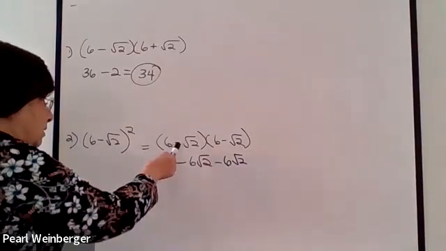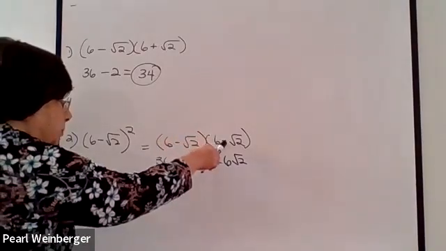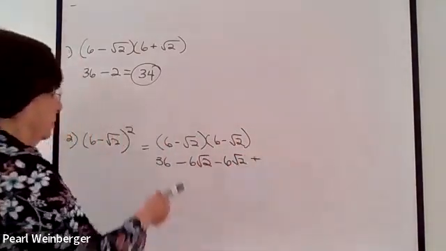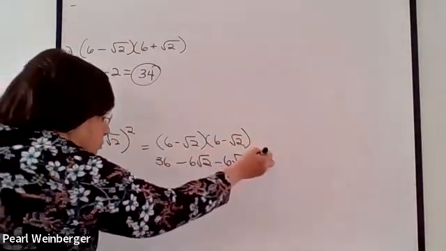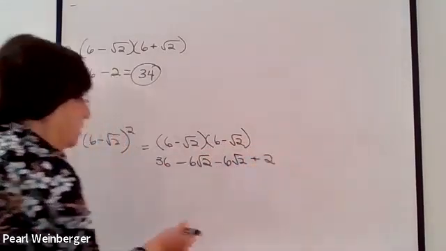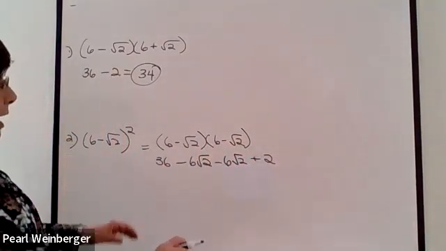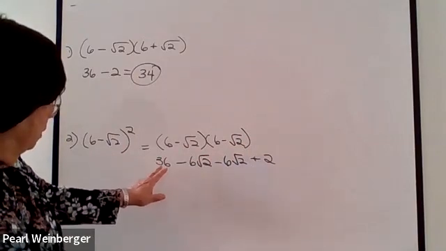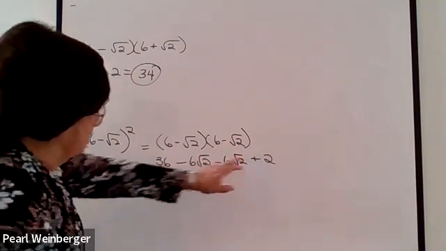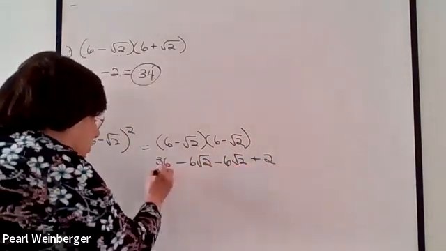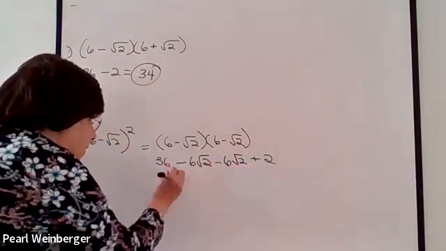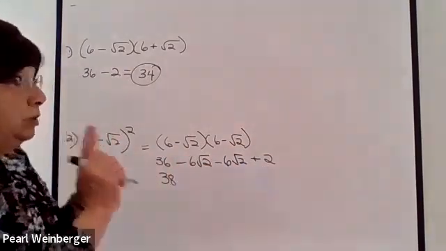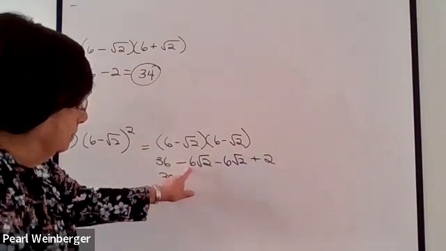And finally, minus radical 2 times minus radical 2, minus times the minus is plus, and radical 2 times radical 2 is just plain 2 without any radical. And now we can combine our like terms. The like terms are this 36 plus the 2, which is 38. And the minus 6 radical 2 and the minus 6 radical 2, they do not cancel out because they both have the same sign.